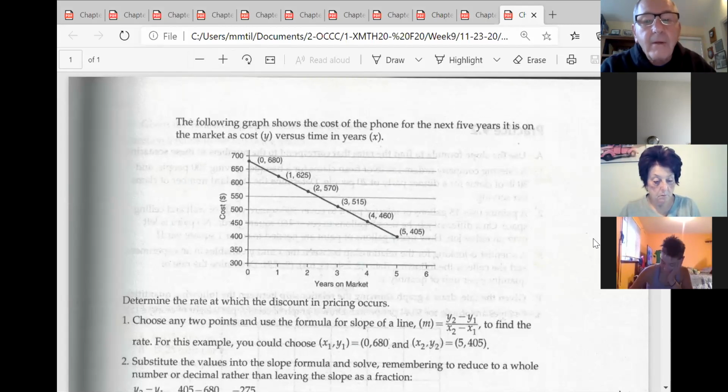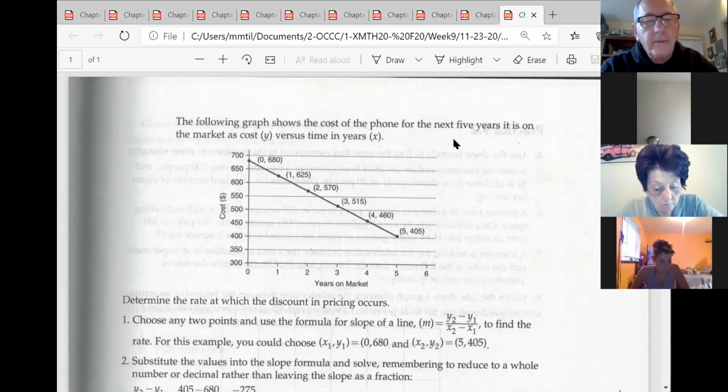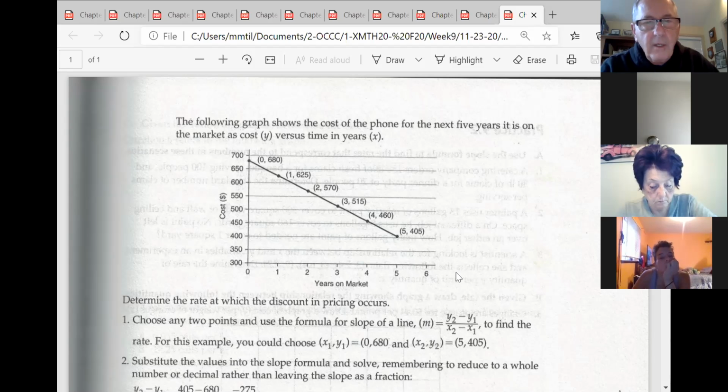Okay. The graph shows the cost of phones for the next 5 years on the market, cost versus years. So again, it's just data points. If it's been on the market 1 year, it's $625. If it's been on for 5 years, it's down to 405.